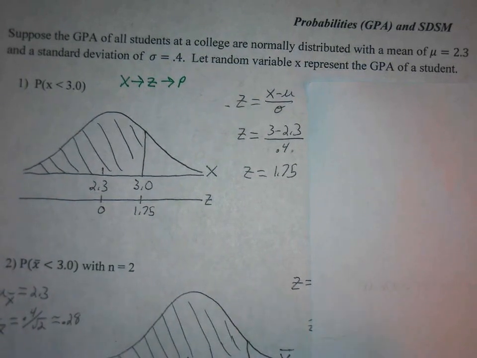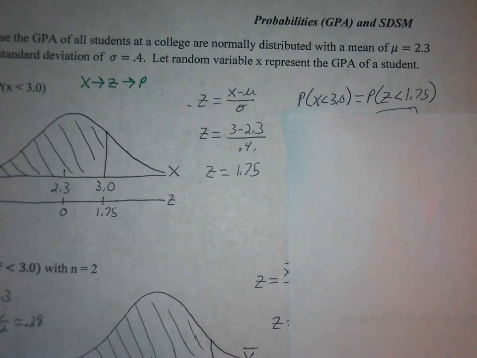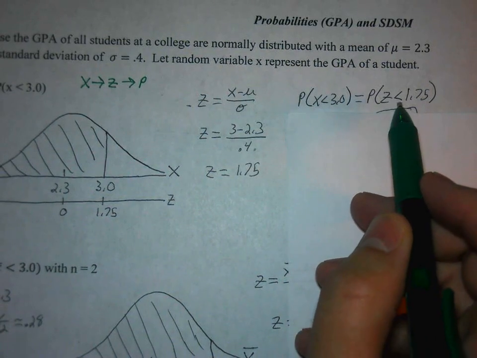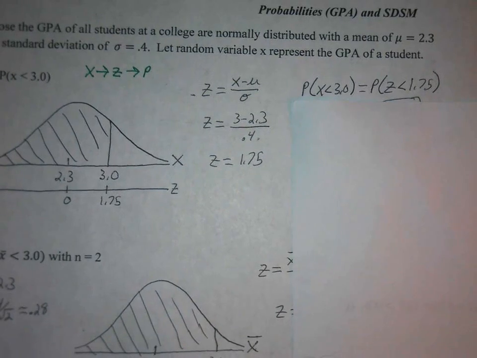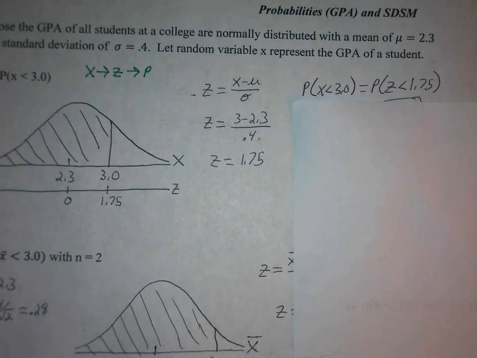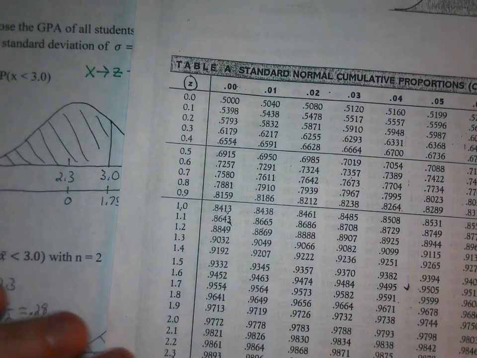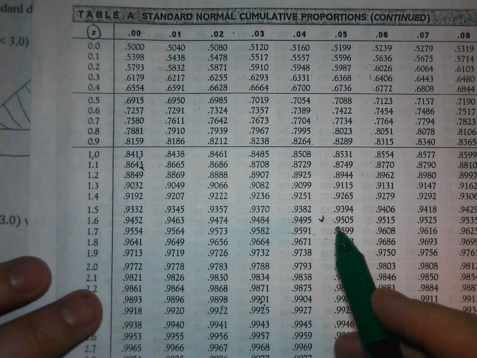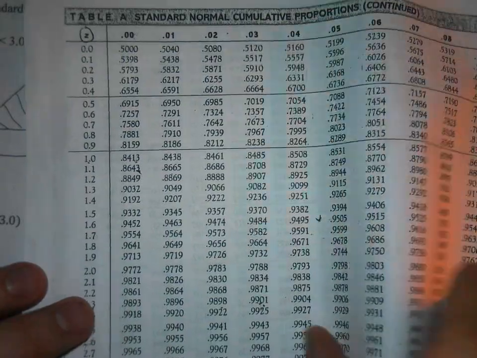And then we have to find the probability. You take the probability that x is less than 3.0 equals the probability that z is less than 1.75. This is where you go to your tables. 1.75 is right about here, so you get 0.9599.